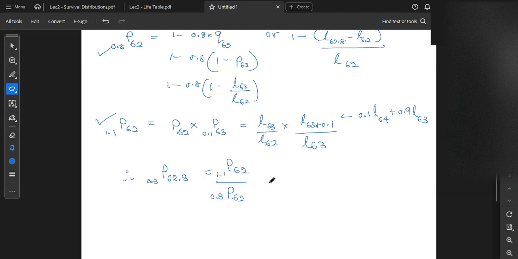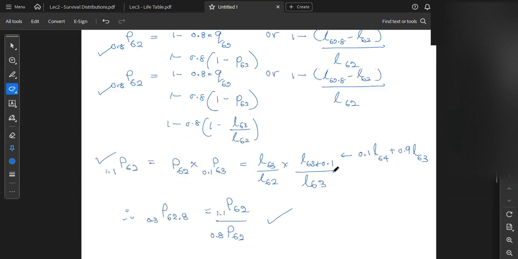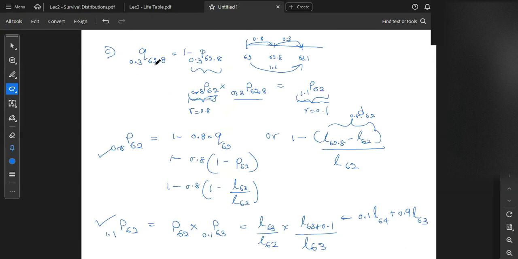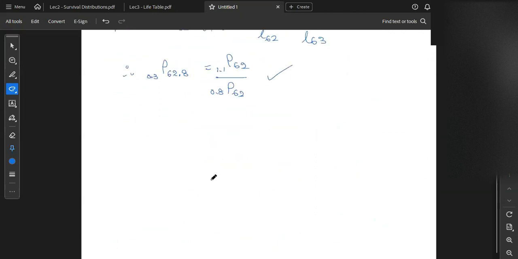So that is a known value now, and you can find the final value using this. And this will lead to find Q62.8 for this.